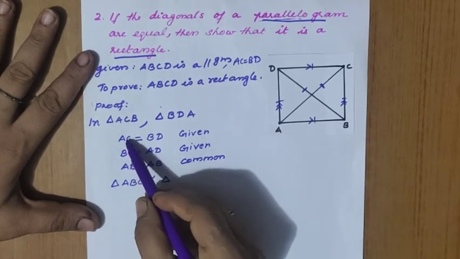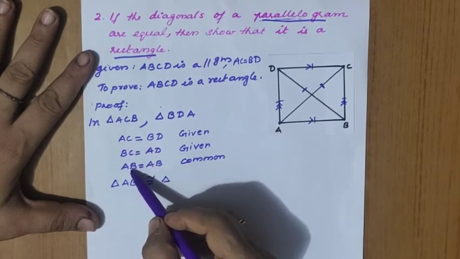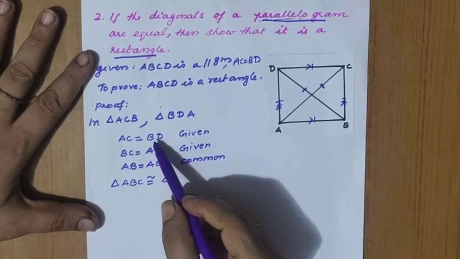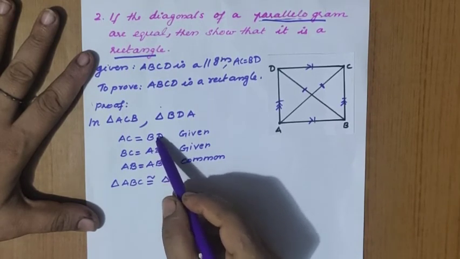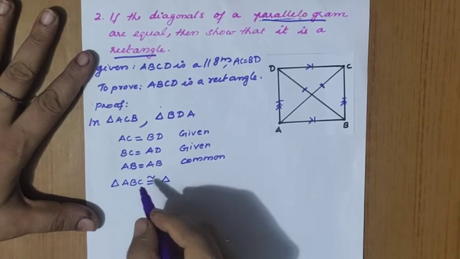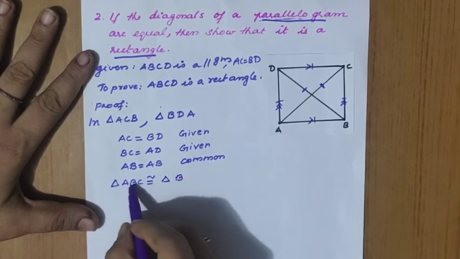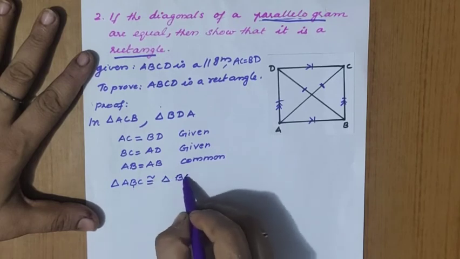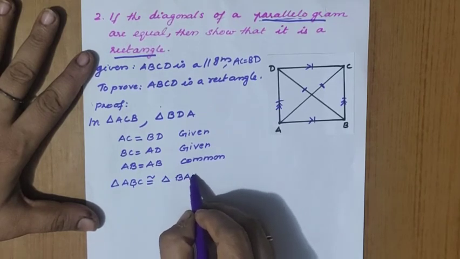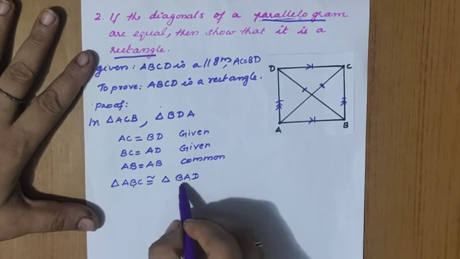A is common in the first and the last, and B is common if you consider the first and third. So if A has correspondence with B, then B has correspondence with A only. One letter remains, that is D. So BAD we have written.